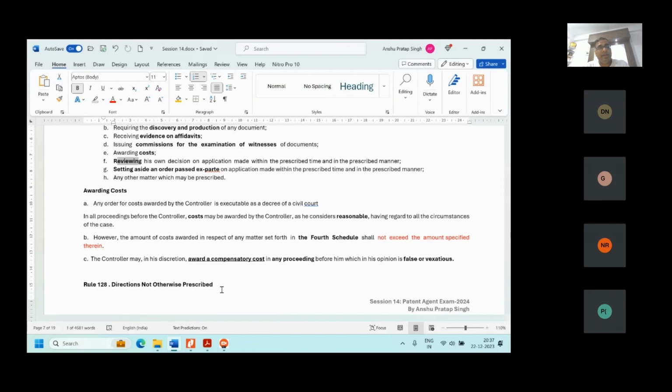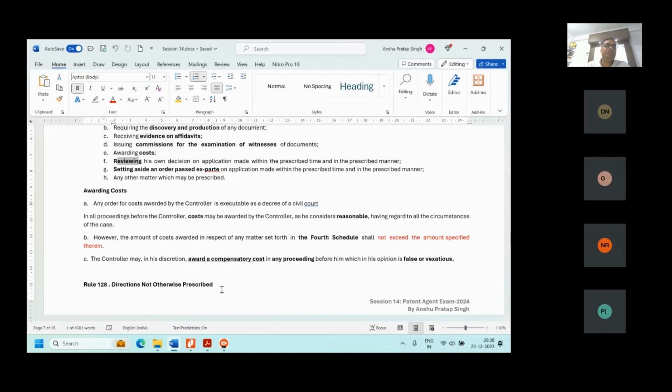The order is always given on the merit, and the merit is decided on the basis of whatever the material was present in front of the controller. So the order passed ex parte is on merit, but you can request for setting aside that order, because there can be a few things which you have not mentioned in the document, or all that evidence which has been available to the controller at the time of the hearing.